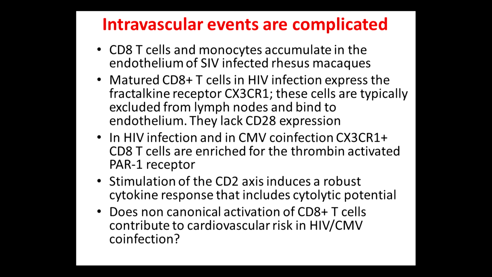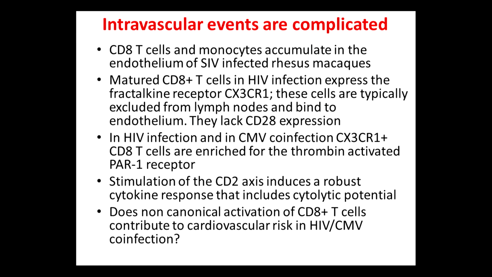These fractalkine receptor-positive cells typically lack CD28 expression, meaning that they may not respond all that well to co-stimulation after T-cell receptor stimulation. In both HIV infection and in CMV co-infection, fractalkine receptor-positive CD8 T cells are enriched for the thrombin-activated PAR-1 receptor, which means that they can be activated to elaborate mediators via activation of the coagulation cascade.